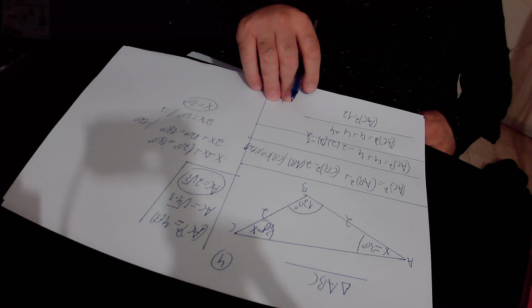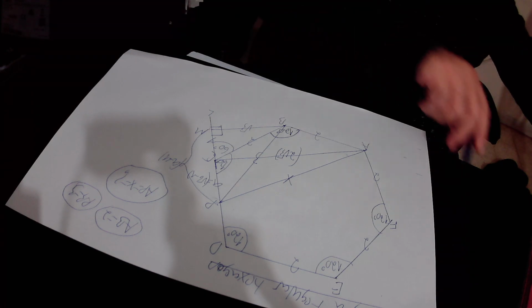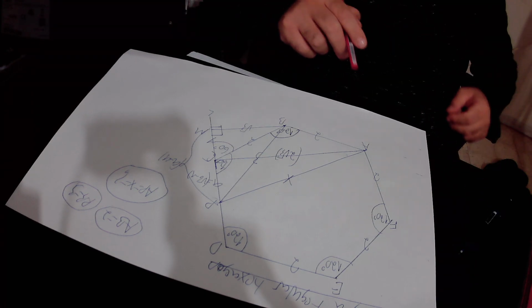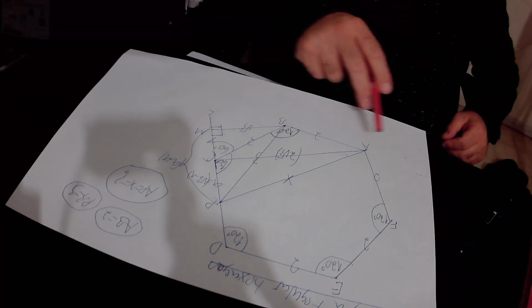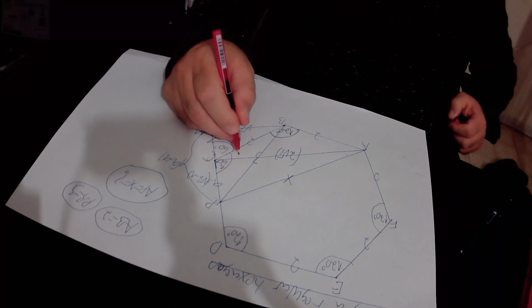So you can write down in the original drawing that this angle ACB equals 30 degrees.